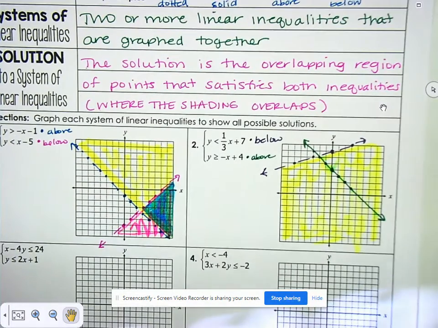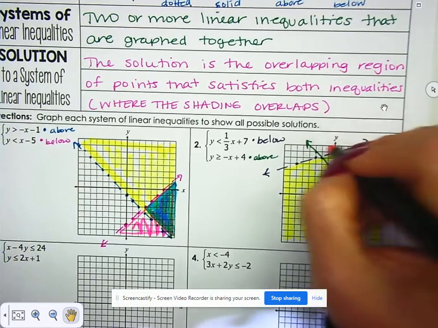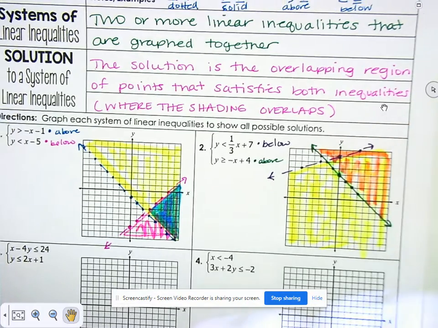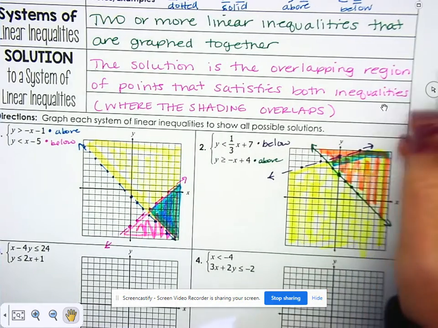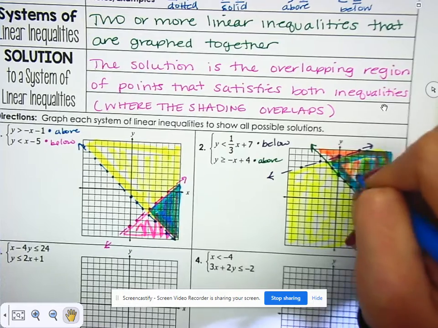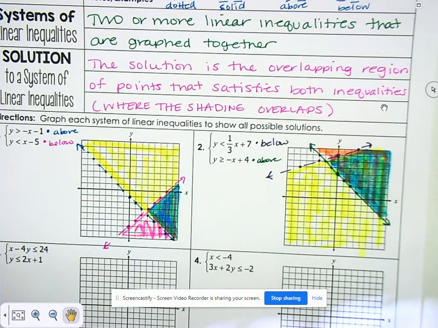And then for the green one, it's above, so that's everything up here. So again, if you notice, these two colors overlap in this area right here. So that is where your answer is. Make sure it's darker than everything else.